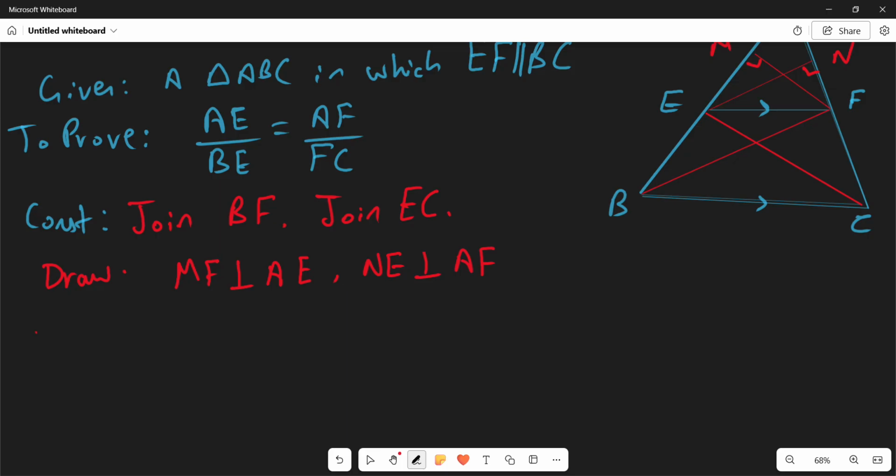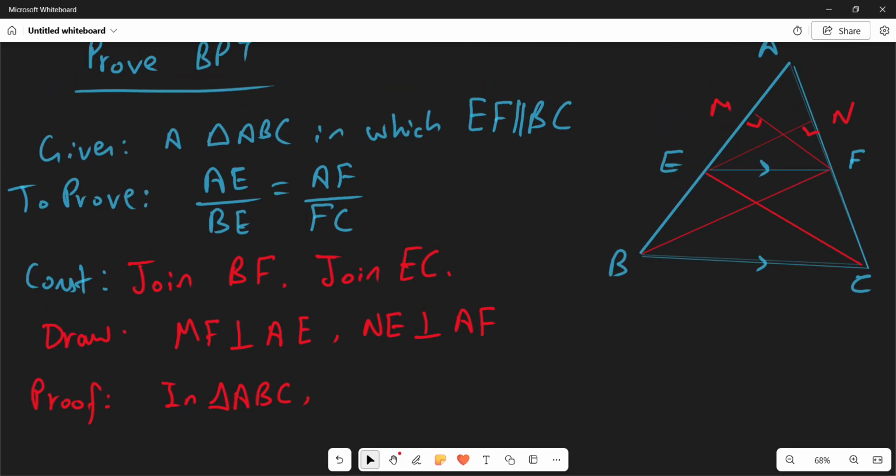Now coming to the proof. So in triangle ABC, sorry, not ABC, in triangle AEF. In triangle AEF, if AE is the base, then we can see MF is perpendicular to AE, so MF will serve as height.